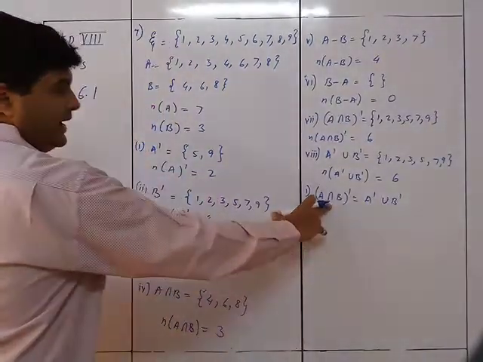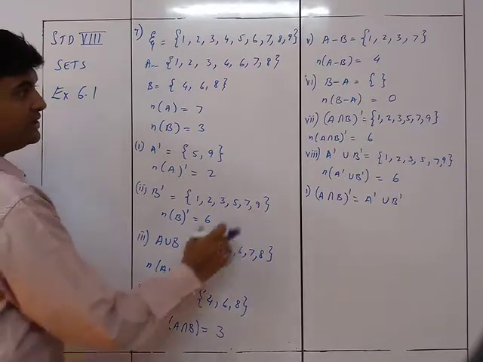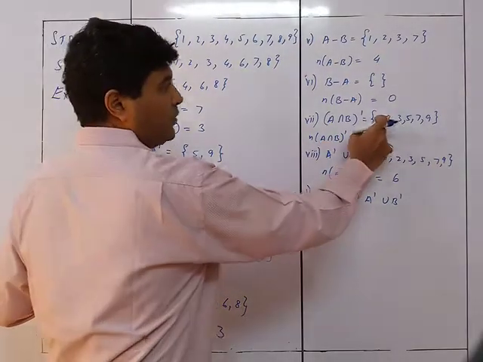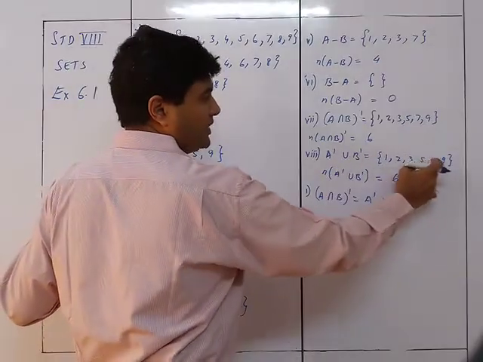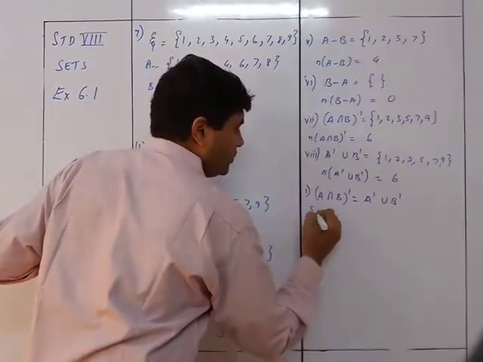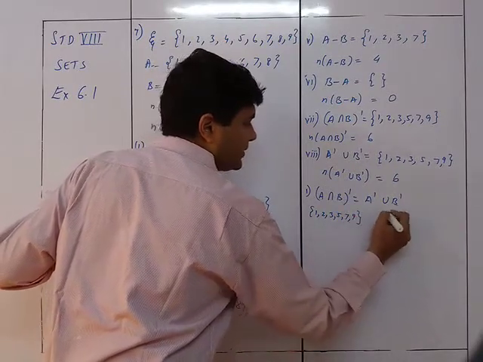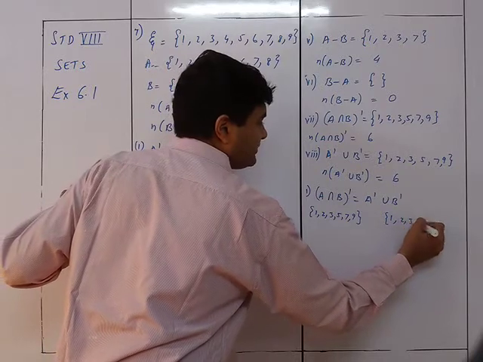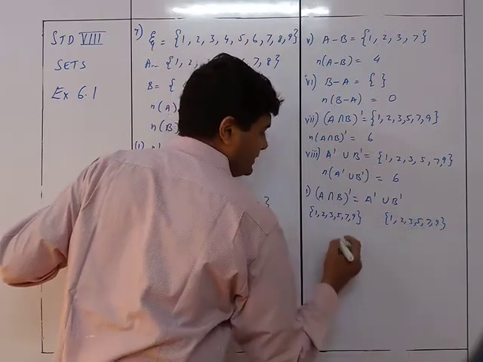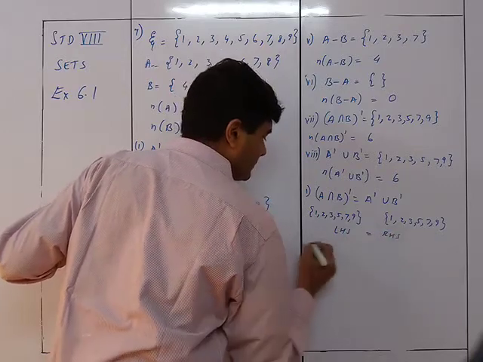You can see (A intersection B) dash is 1, 2, 3, 5, 7, 9, and A dash union B dash is also the same thing, 1, 2, 3, 5, 7, 9. Hence LHS is equal to RHS.